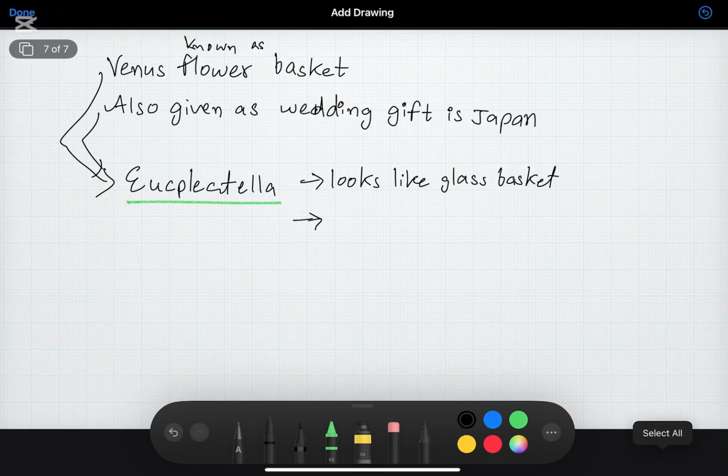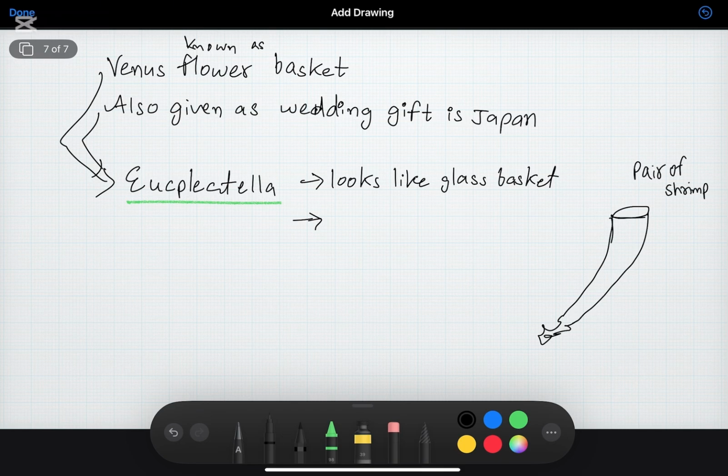Actually, the structure of Euplectella is like this: this is a mouth, and this is the body. Imagine this is the body of Euplectella. So what happens is that a pair of shrimps, at first one shrimp goes in, and the structure is net-like. So when a shrimp becomes old, it goes inside the Euplectella.